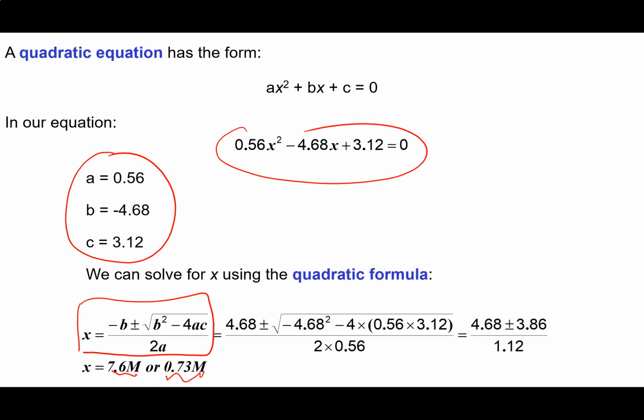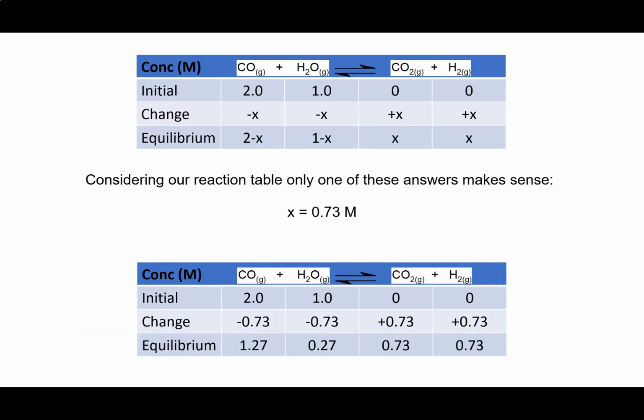What will happen is one of your solutions will not make any sense. It won't be physically possible. If we look at our ICE table, that can help us decide which one is the correct answer. Considering we only started with 2 moles per liter and 1 mole per liter, the 1 mole per liter of H2O is our limiting reactant.